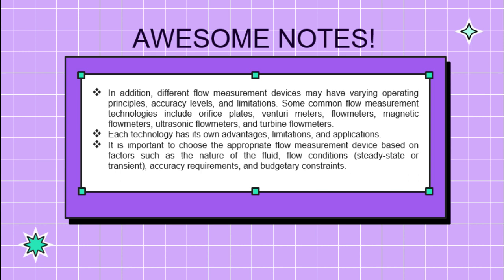Each technology has its own advantages, limitations, and applications. It is important to choose the appropriate flow measurement device based on factors such as the nature of the fluid, flow condition which is steady state or transient, accuracy requirement, and budgetary constraint.